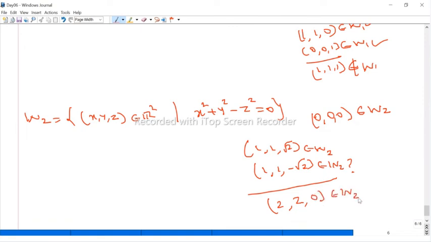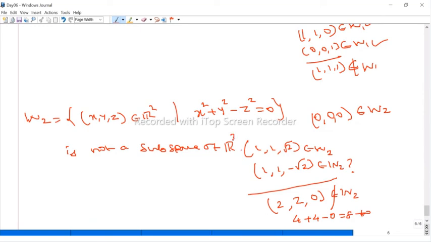But this is not an element of W2, because if you square the first coordinate it is 4, plus the second coordinate square is 4, but the third one is 0, so we get 8, which is not 0. Therefore, the sum is not there. Therefore, this is not a subspace of R3.